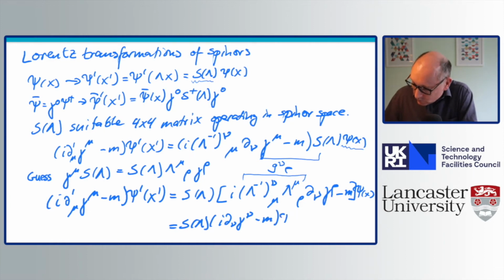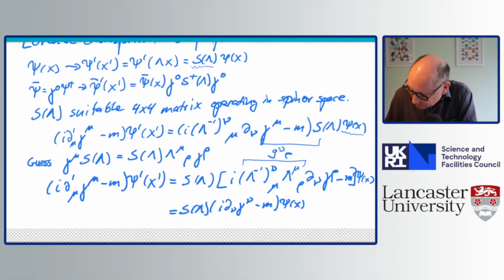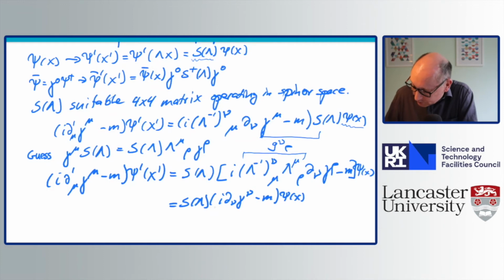Now, if psi is a solution to the Dirac equation in the unprimed coordinate system, then this is 0.